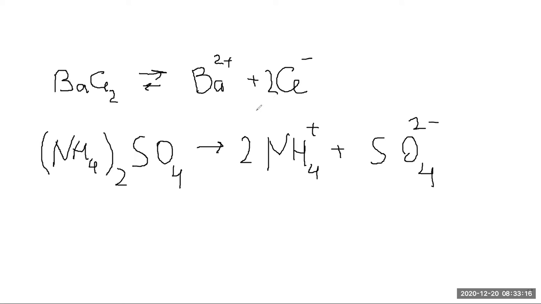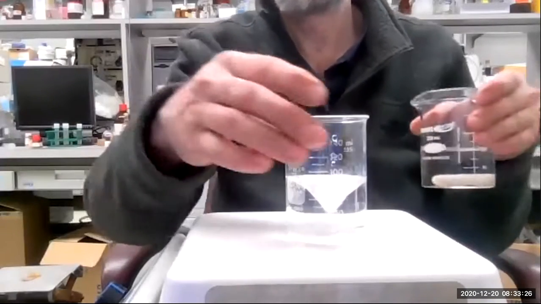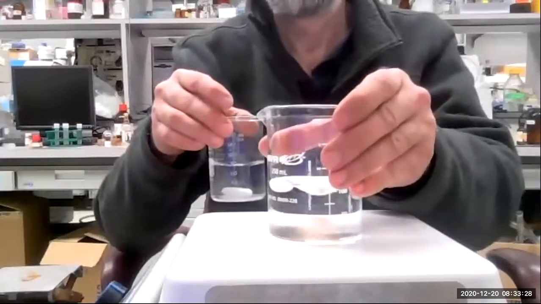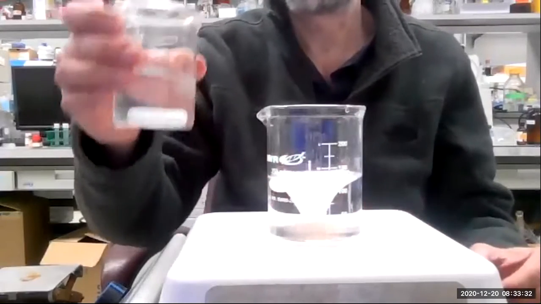So in summary, we have four types of ions. That's the first solution, and that's the second solution.